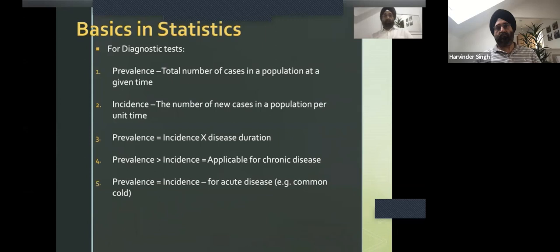New cases of COVID-19 in the last one month will give you the incidence. Prevalence is equivalent to the incidence times the disease duration. Prevalence is usually higher than the incidence in chronic conditions, but it can be the same in acute conditions like the common cold.